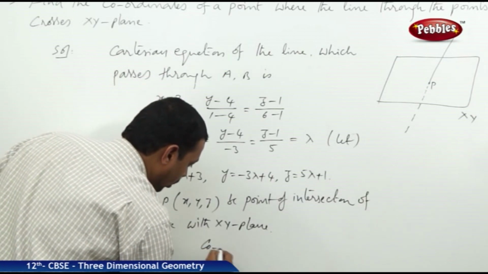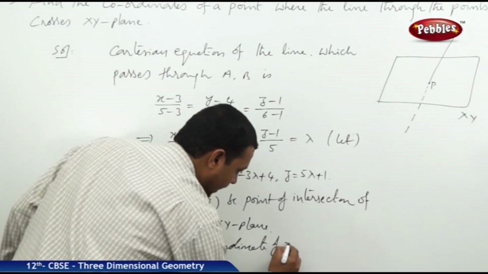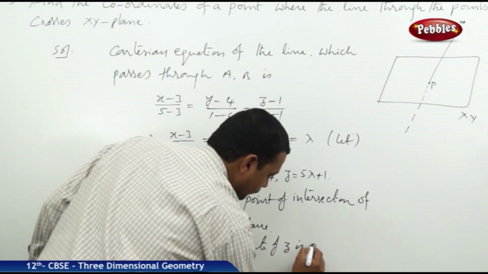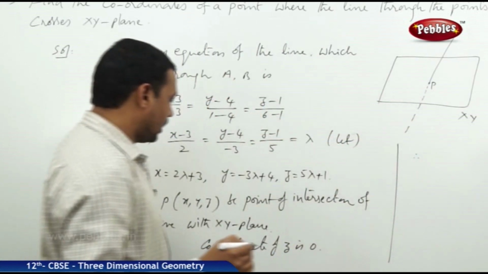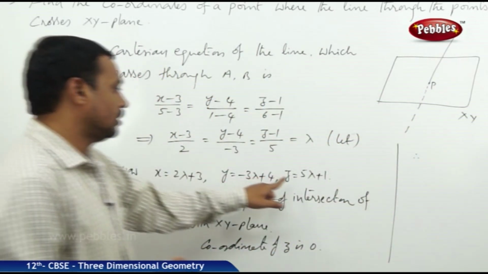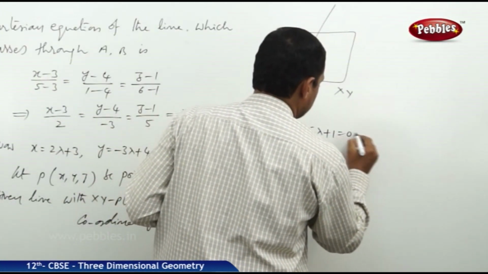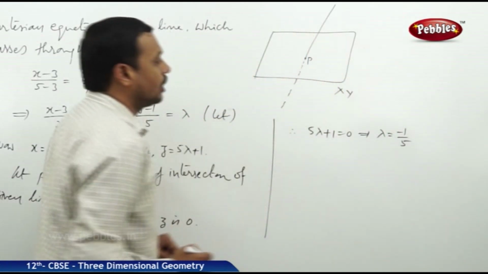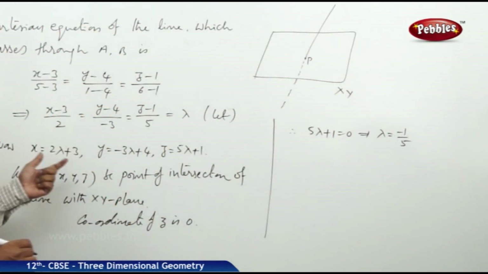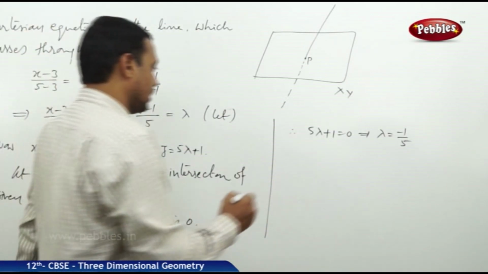So the z coordinate is 0. Therefore, 5 lambda plus 1 equals 0. From this, lambda equals minus 1/5. Now substitute lambda equals minus 1/5 in x, y, z.